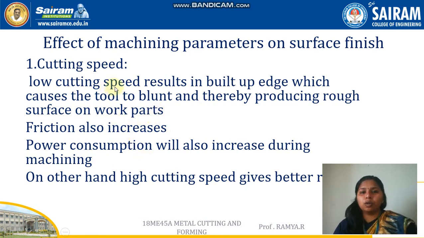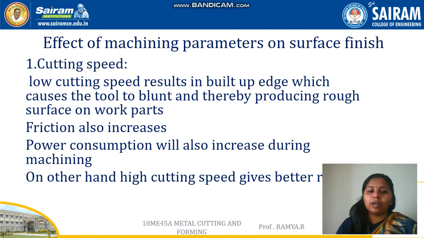If there is a low cutting speed, a lot of heat is generated, because of which the chips are melted and made into a built up edge. This breaks the tool or makes it blunt, and thereby a rough surface of the work part is produced.